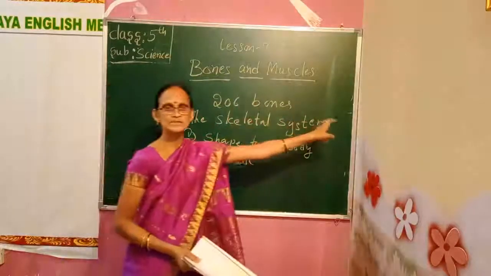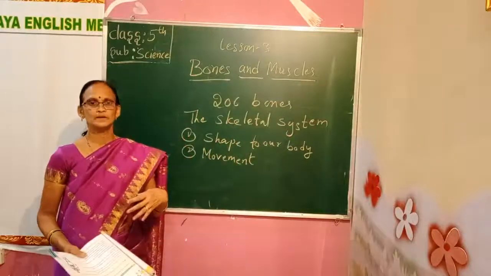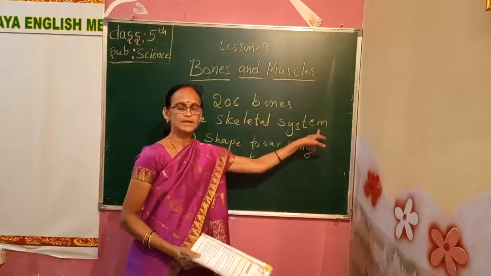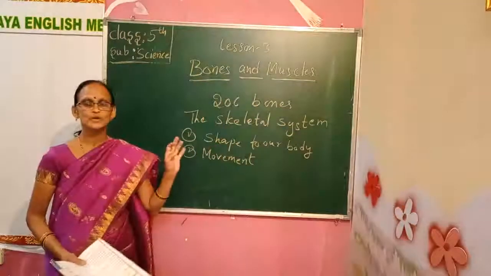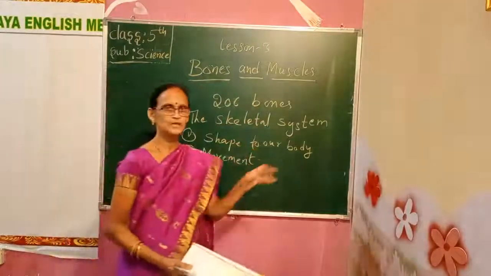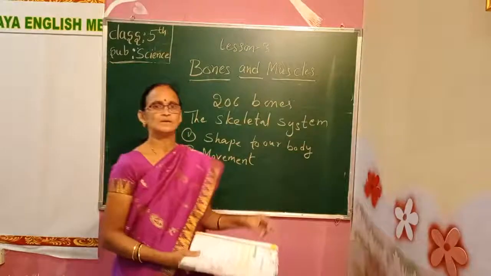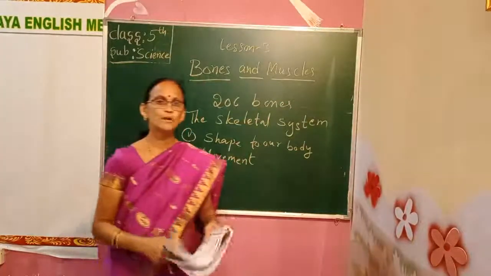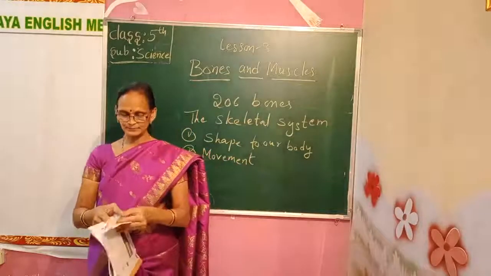There are 206 bones in our body, a framework of bones that is called the skeletal system. The skeletal system gives shape to our body, we can move easily with it, and the bone marrow produces blood cells.